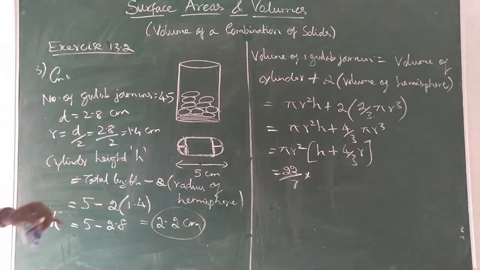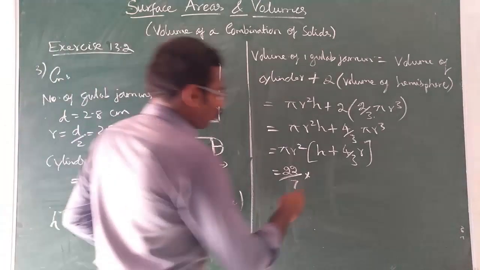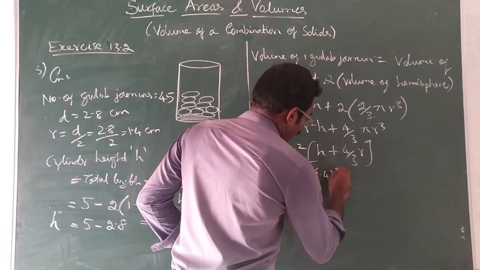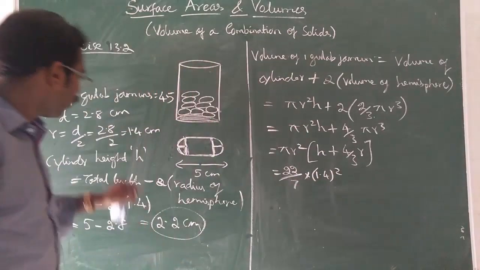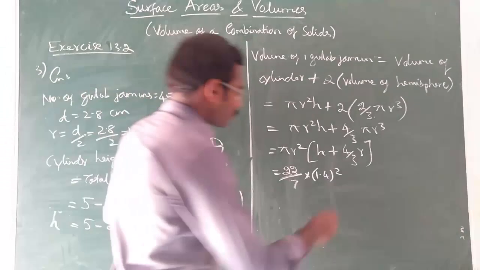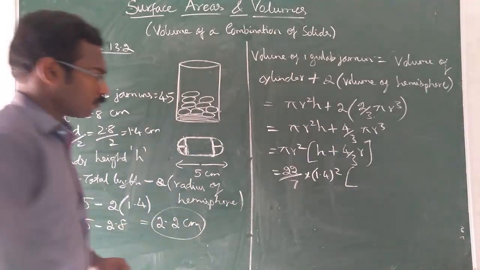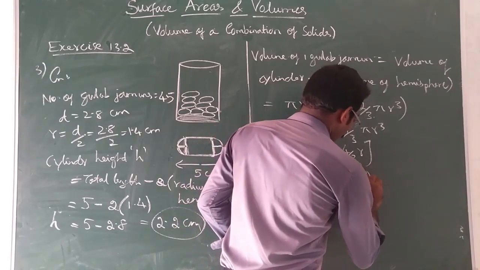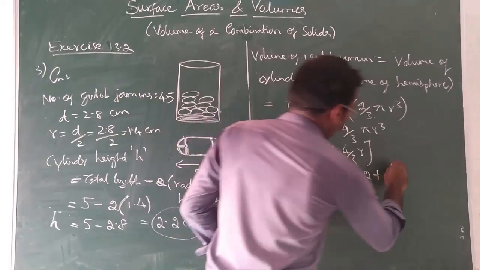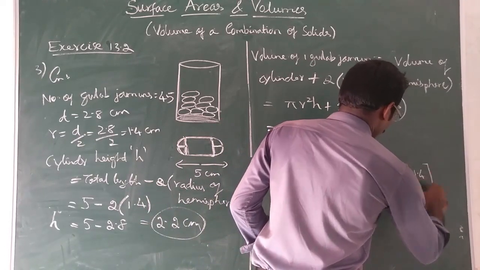R is 1.4, so 1.4 square. You can take 1.4 or you can take 2.8 by 2, your wish. Then h value is 2.2, plus 4 by 3 into r value, which we already know is 1.4.